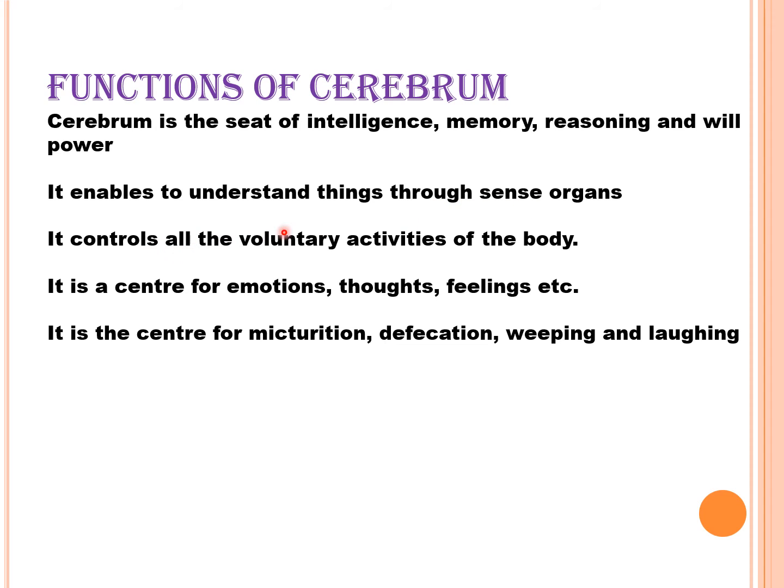The cerebrum controls all the voluntary activities of the body which are under the control of our will. It is also a center for emotions, thoughts, feelings like pain, pleasure, fear, fatigue, pressure, temperature, etc. It is a center for micturition, defecation, weeping, and laughing.